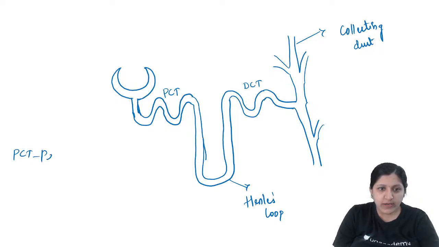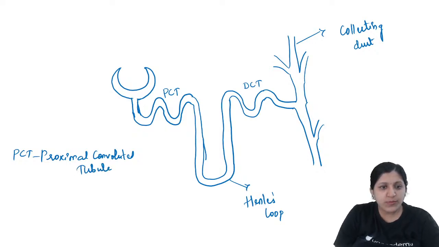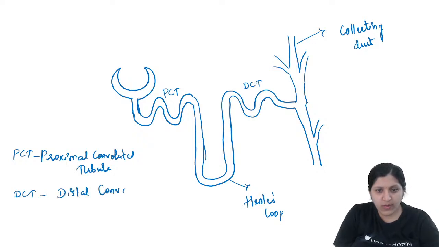I'll write it here. So this is proximal convoluted tubule, and then DCT is distal convoluted tubule.